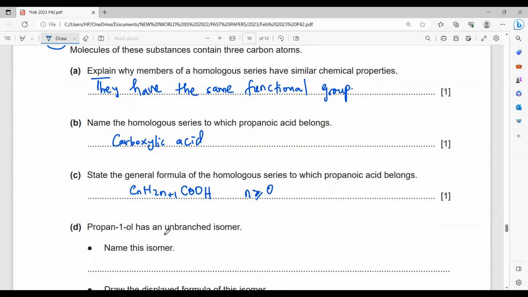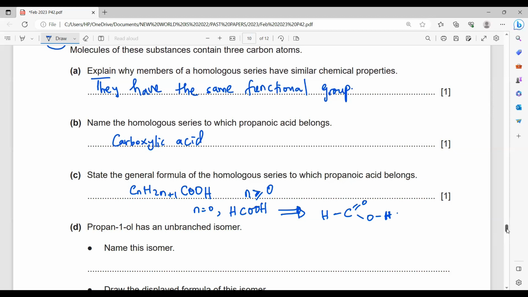For example, when n equals 0, you're going to have methanoic acid. So that's the displayed formula of methanoic acid, for n equals 0.